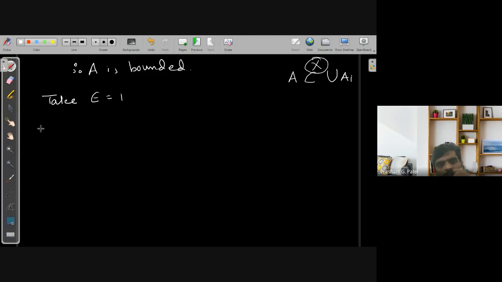And I am defining one set, that is a sphere of e_i with radius 1 by 2. It says that the set of all x_n in A such that the distance between x_n and e_i is less than 1 by 2.